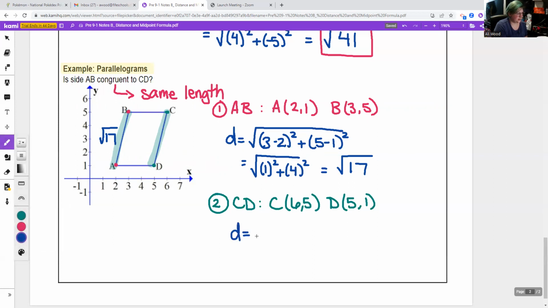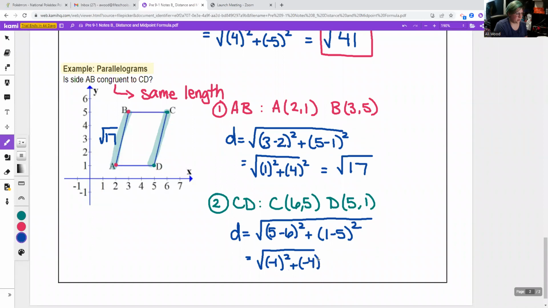So distance is equal to the square root of 5 minus 6 squared, plus 1 minus 5 squared. 5 minus 6 is negative 1 squared, plus 1 minus 5 is negative 4 squared. And when we take that into account, that is the square root of 17. So we have just shown that those two sides are congruent because they are the same.